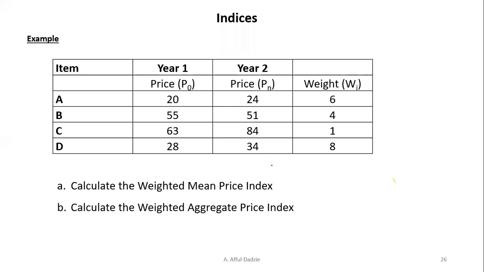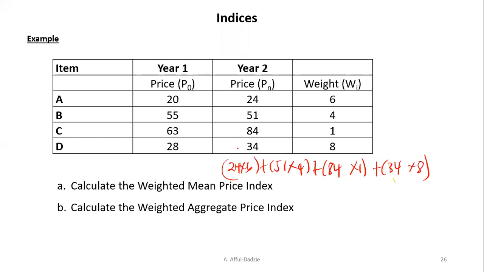But now, we are saying that before we just sum all of them, we multiply each of these values by their respective weights. So you now first have to do 24 times 6 plus 51 times 4, plus 84 times 1 plus 34 times 8.